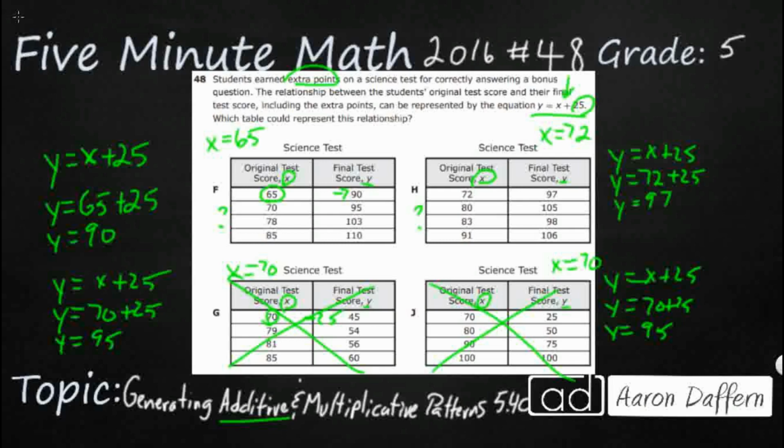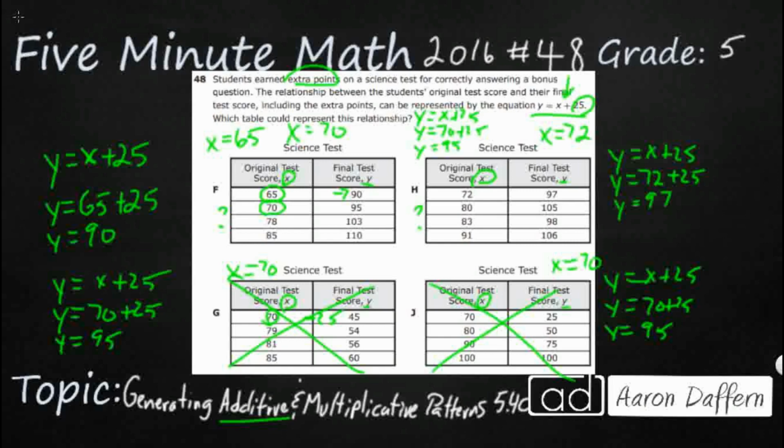So let's see what we can do here. On F, we're going to look at 70 this time. And so we're going to say x equals 70. And so let's just do it right up here. So we're going to say y equals x plus 25. y equals, my x is 70 plus 25, so y equals 95.